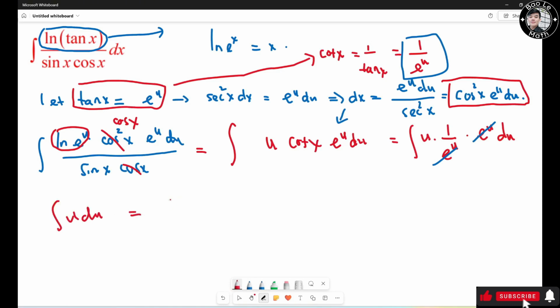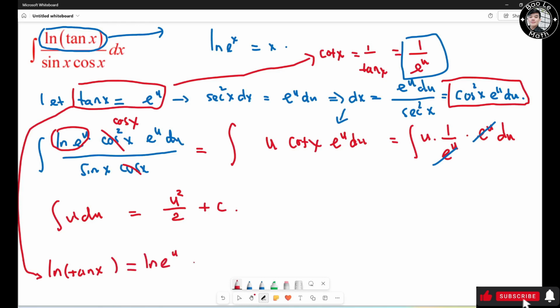So this guy turns out to be u squared over 2 plus c, right? Now from this one we can take natural log both sides, right? So natural log of tangent s equals natural log of e to the u, right? So this guy turns out to be u, right?